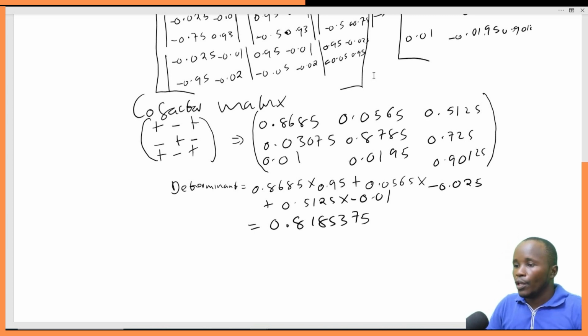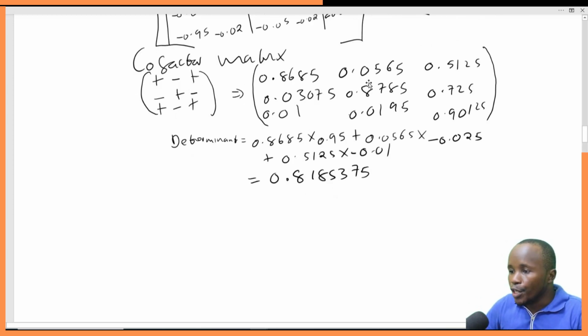Which is 0.818575. You take 0.8685 times 0.95 plus 0.0565 times negative 0.025 plus 0.5125 times negative 0.01.